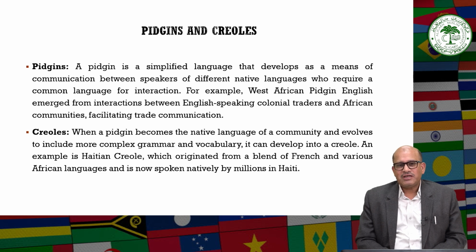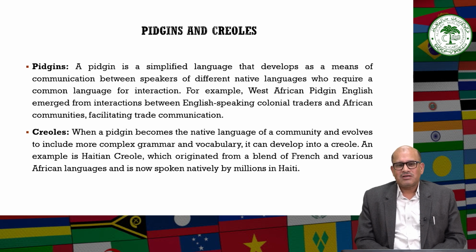Pidgins typically feature limited vocabulary and simplified grammar, enabling basic communication. For example, West African Pidgin English emerged from interactions between English-speaking colonial traders and African communities, facilitating trade communication and the development of pidgin in that context.